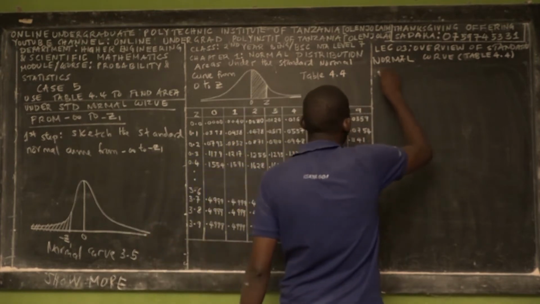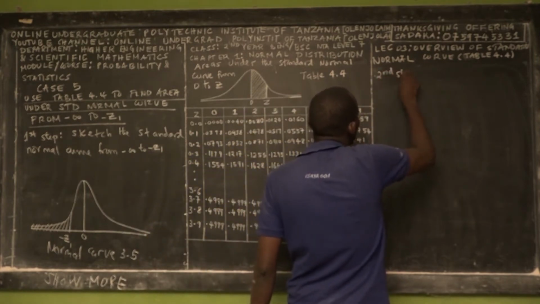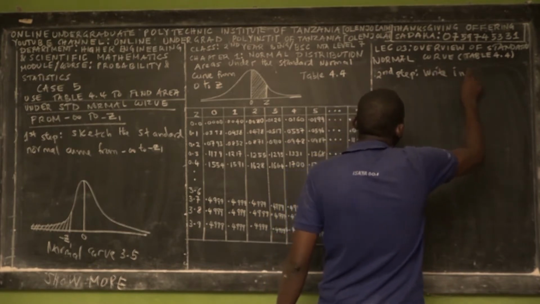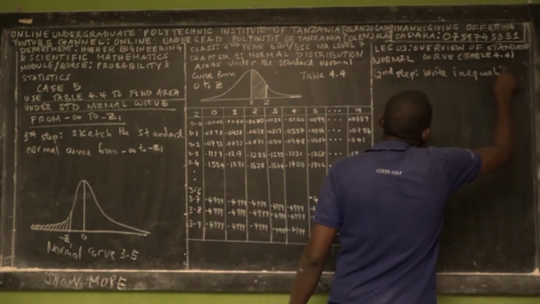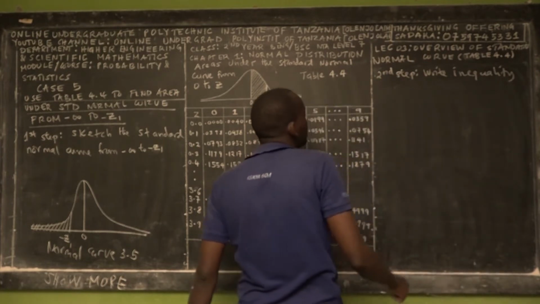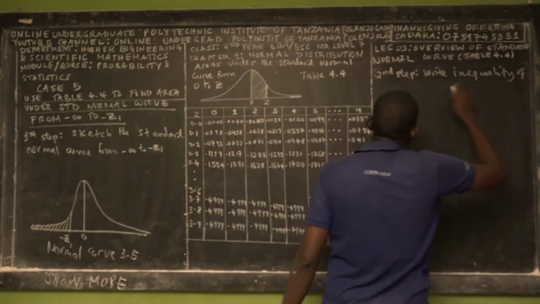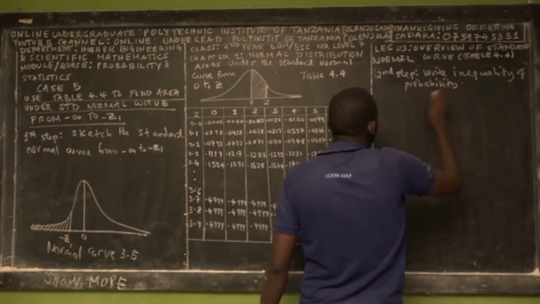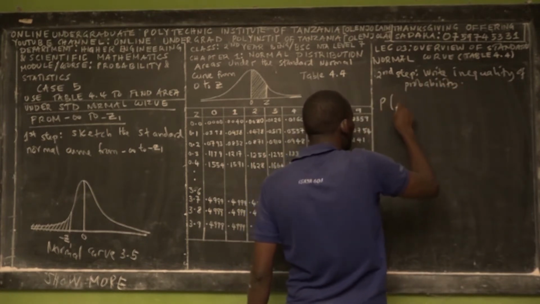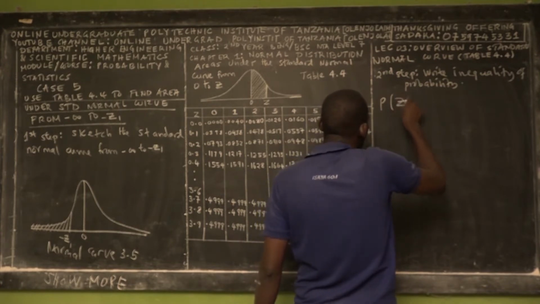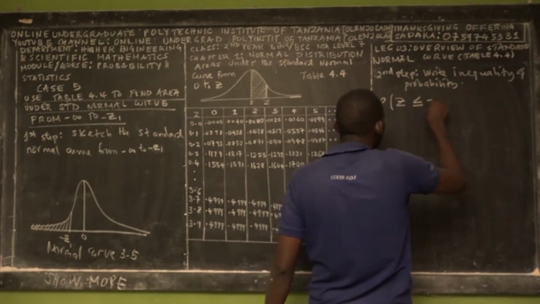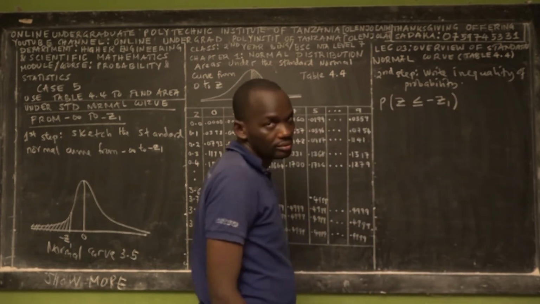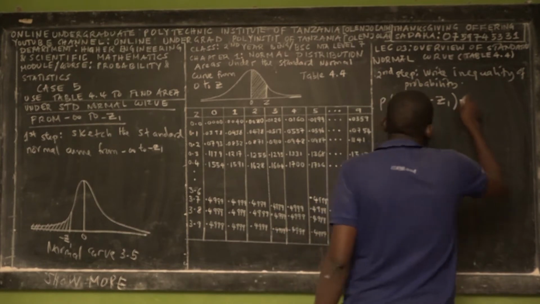So second step, we have to write out the inequality of probability. So what is required? We are looking for probability of Z less than or equal to negative Z1. How can we find it?